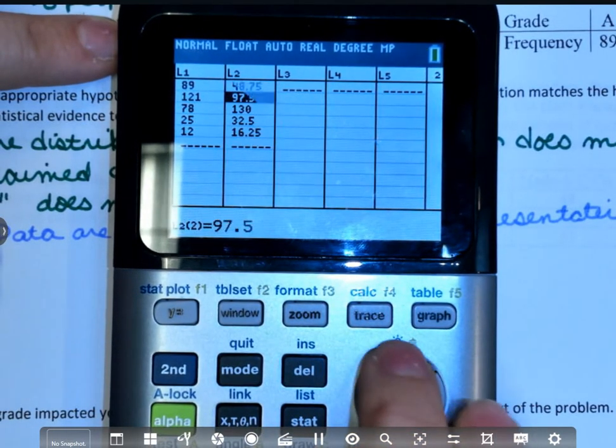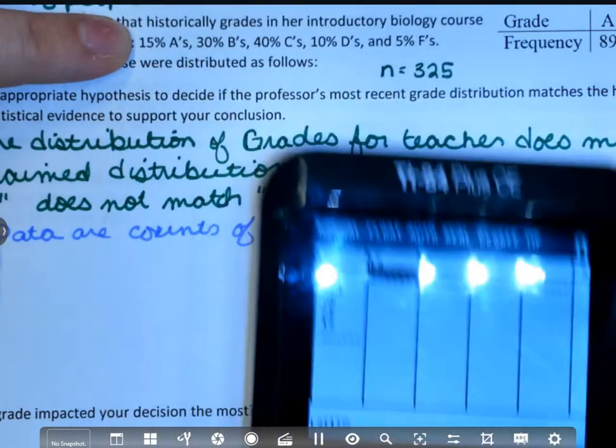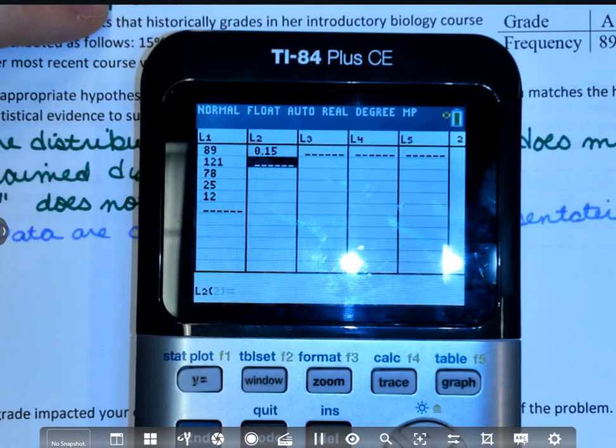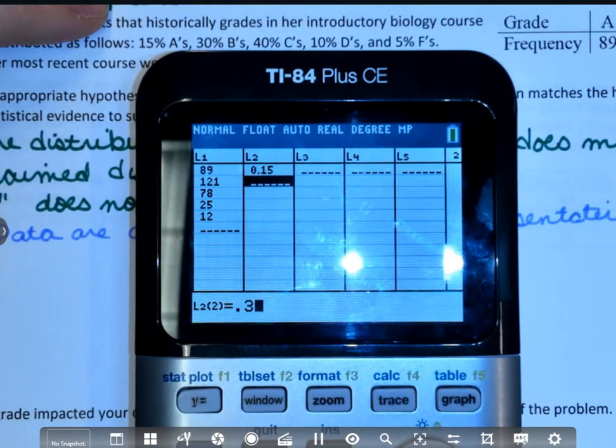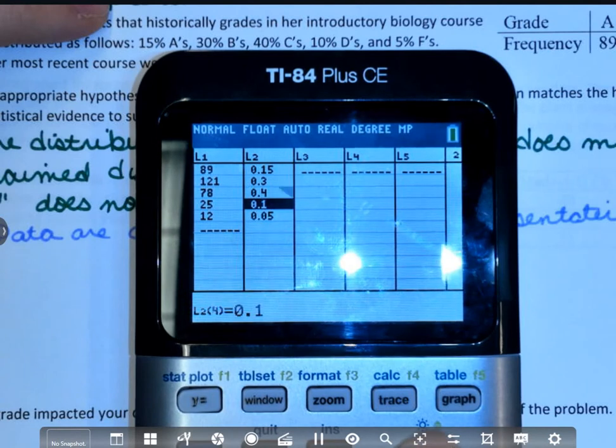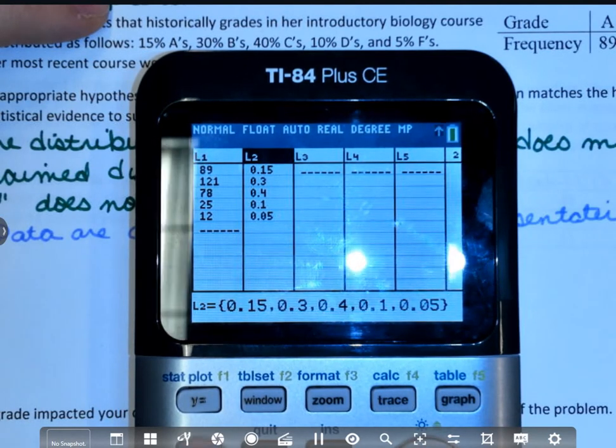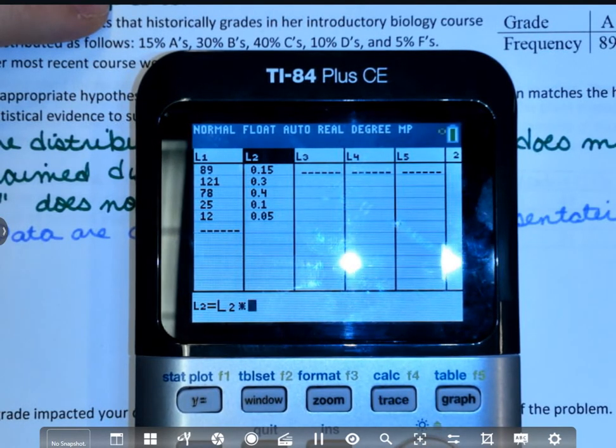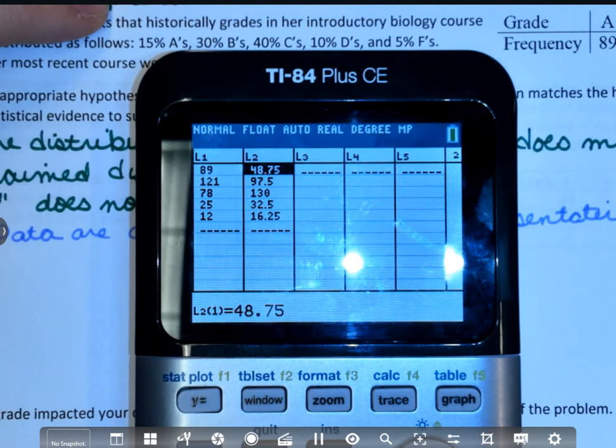If you want, you can also do 0.15, 0.3, 0.4, 0.1, 0.05, and then go back up and say list 2 times 325. So whichever way you want to do that.